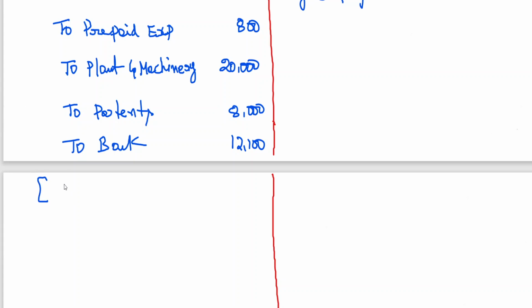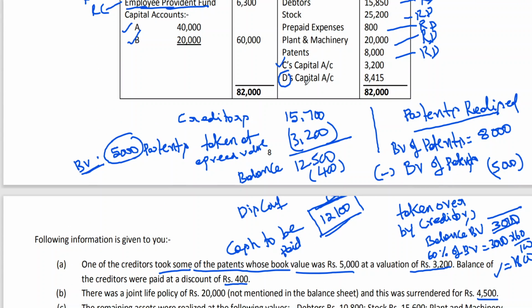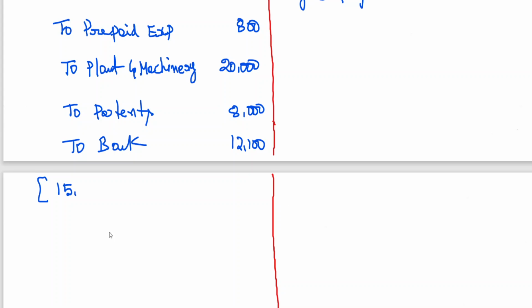How did you get that? 15,700 minus 3,200, as patents have been taken out, and minus 400 rupees discount. It comes to 12,100.